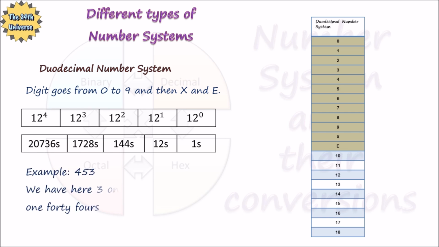Here, each additional digit represents an increasing power of 12. Example, 453. We have here 3 ones, 5 12s, and 4 144s. This is more efficient than the decimal number system because base 12 has more factors than base 10.